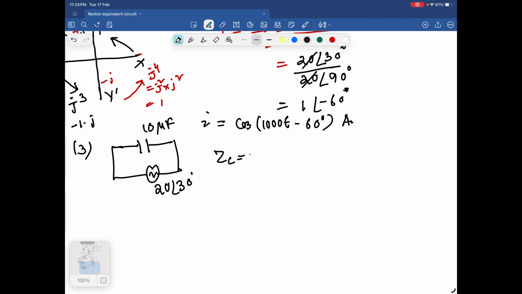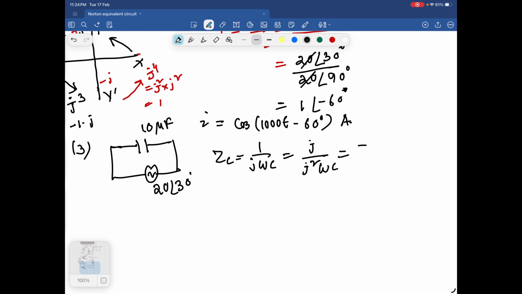I am multiplying numerator and denominator by j. So the numerator will be j, and the denominator is j square omega c. j square means minus 1, so it is minus j by omega c.